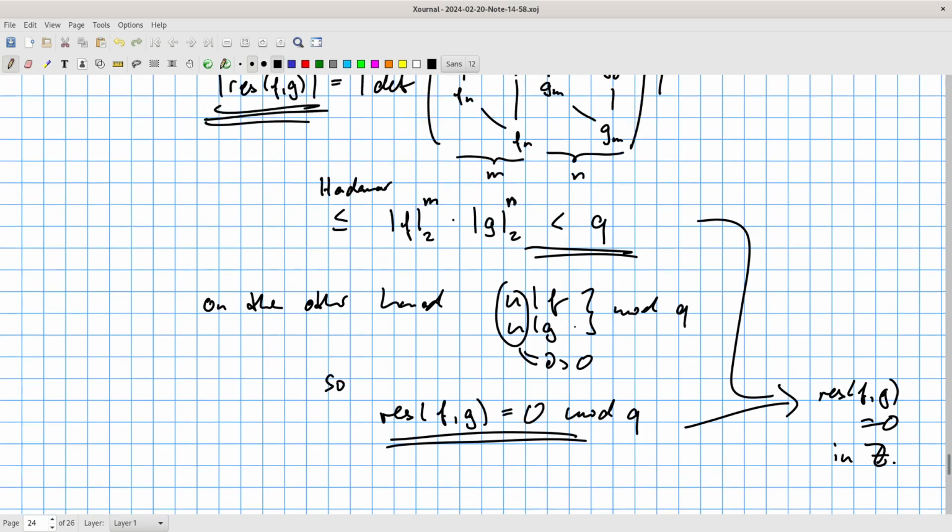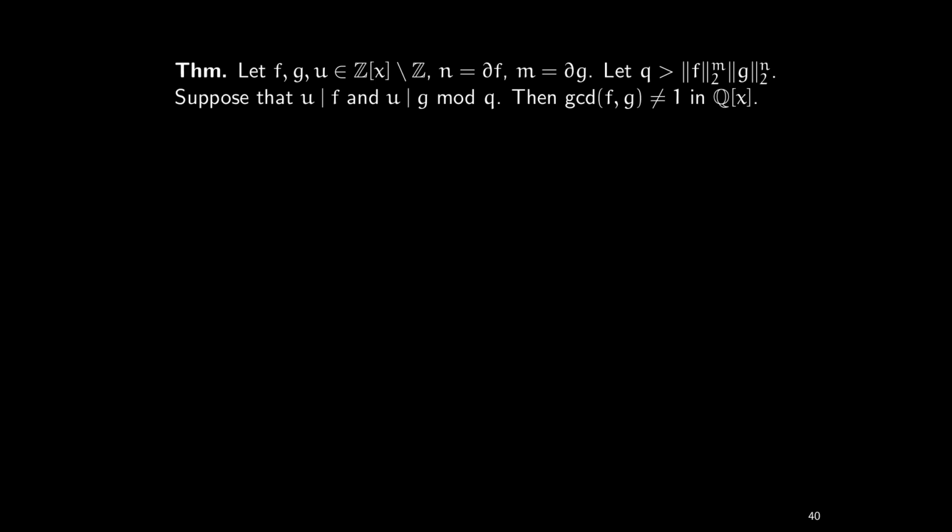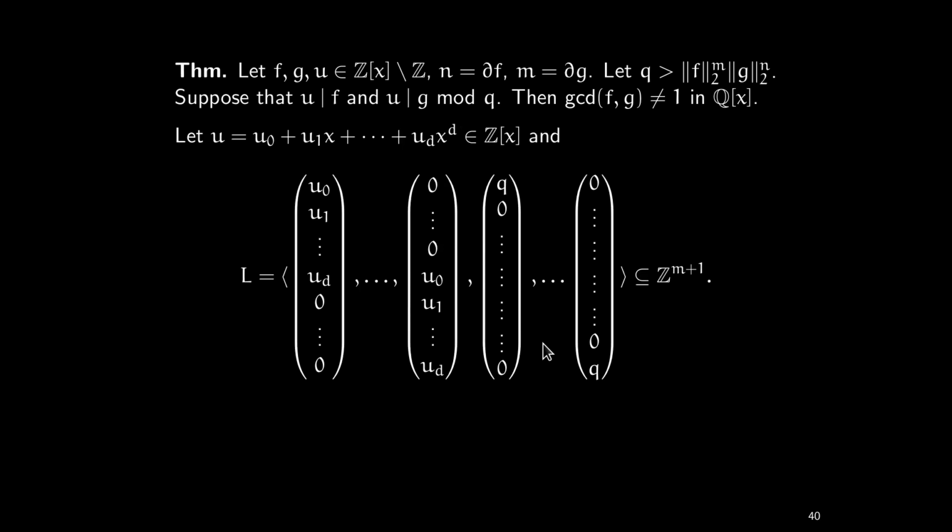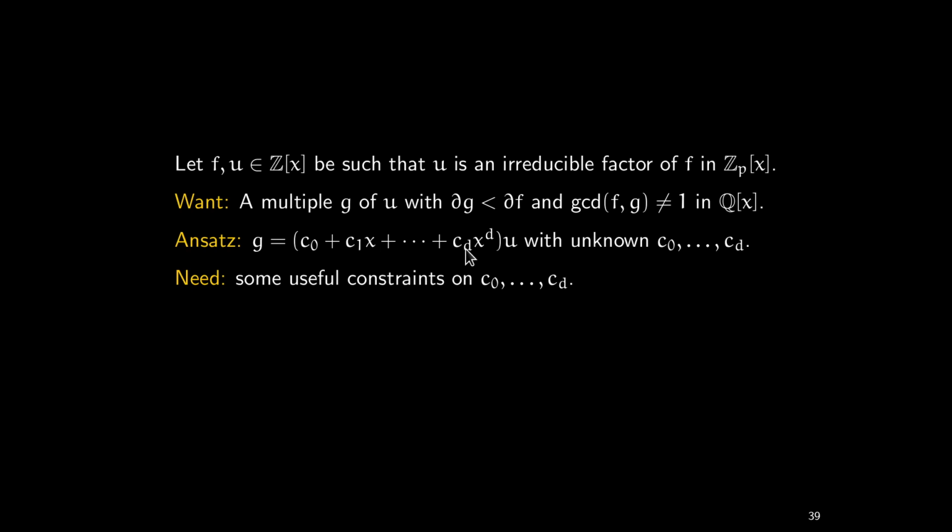Okay. So what does this help you? Now we can use LLL. We can use LLL to do what we did in the beginning with linear algebra. And what we will do is we will ask LLL to get the coefficients of this g, and remember the g here is a linear combination of u times x to the something.